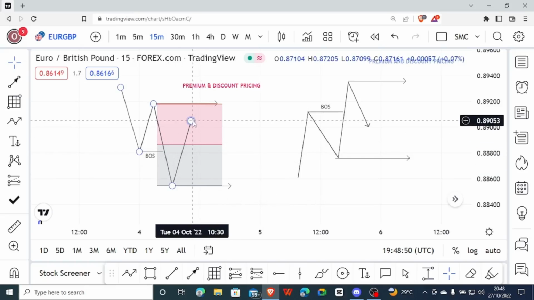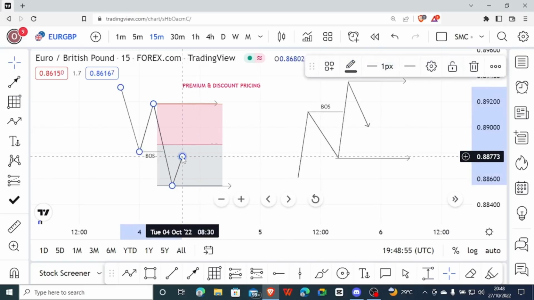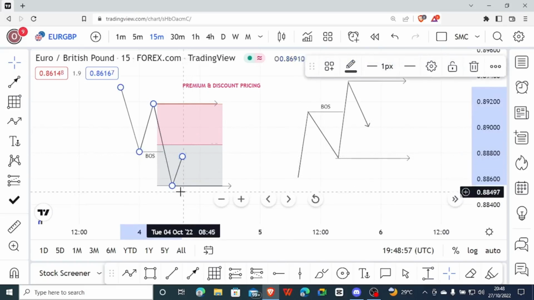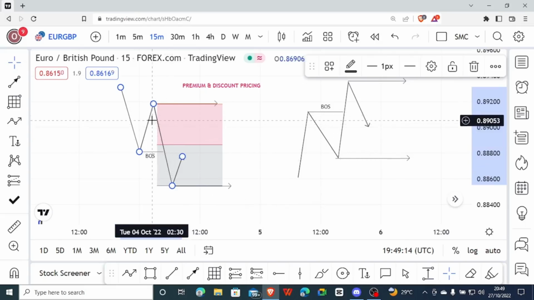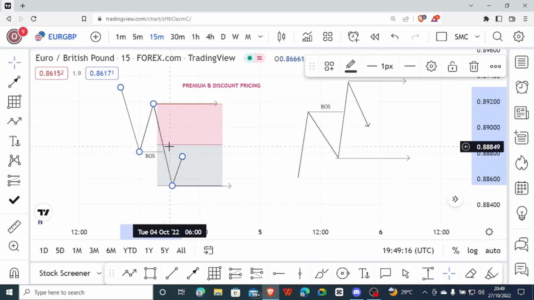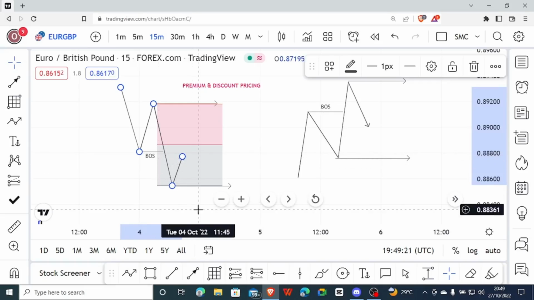For instance, if you see price comes here and is trying to go back down to break structure, ignore all the OBs that you will find here. Why do you need to ignore all the OBs you will find in this discount zone? It's because this order flow has to be mitigated first before you will see price continuing in its movement.